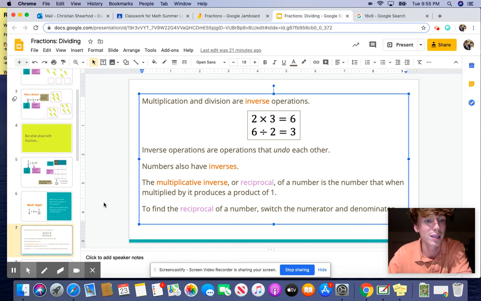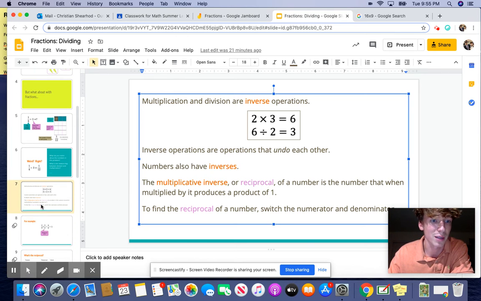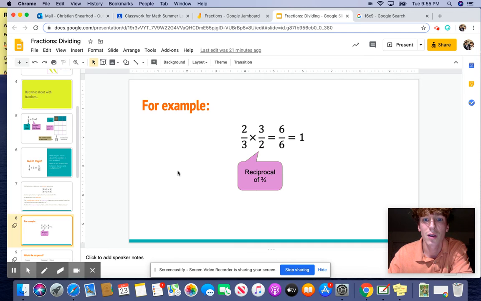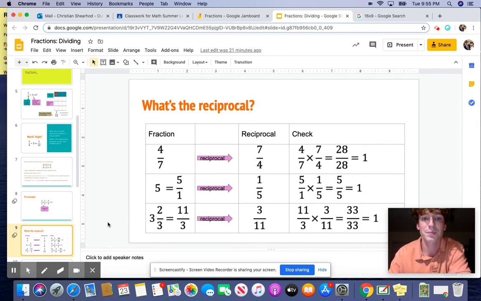They want you to know it, but I'm going to put this into simple terms, okay? All we do is we flip the numbers, okay? So the reciprocal of 2/3 would be 3/2. That's it. All you do is flip the number, okay? So the reciprocal of 4/7 is going to be 7/4.